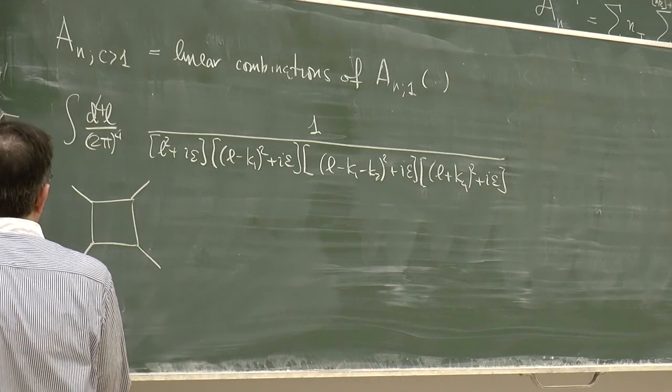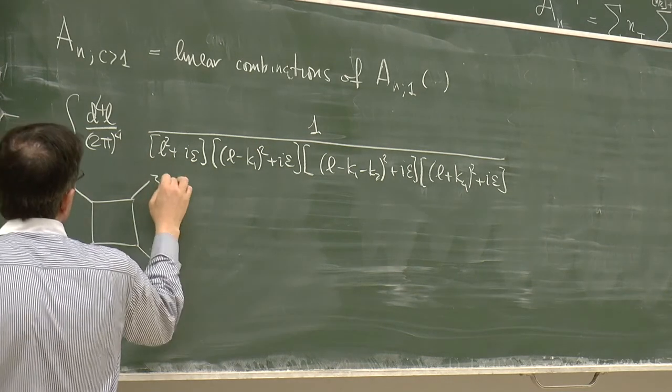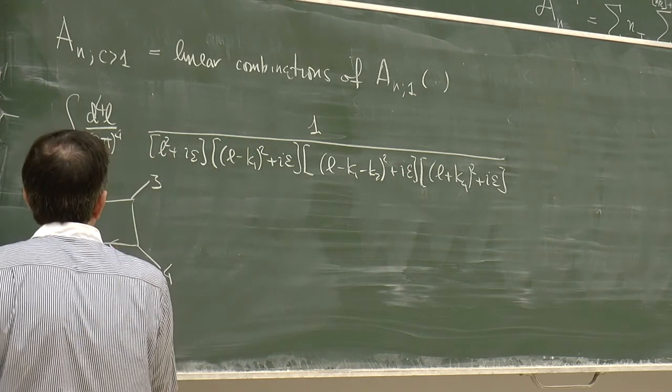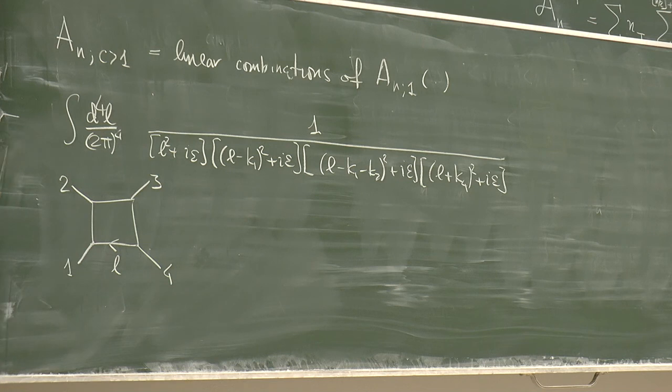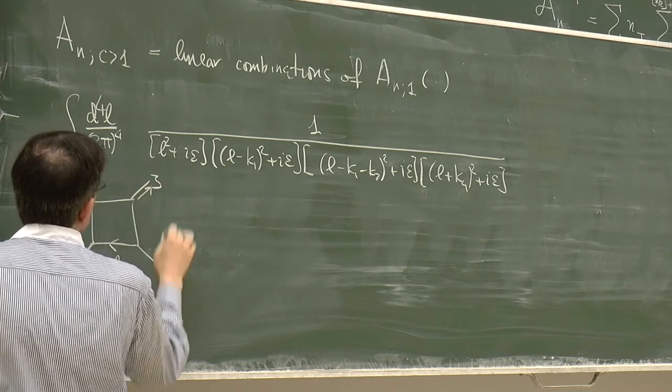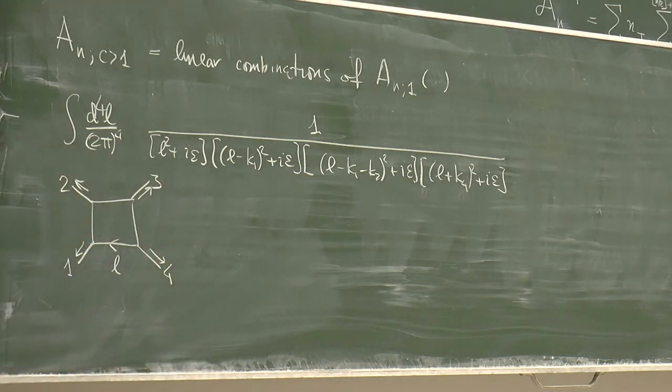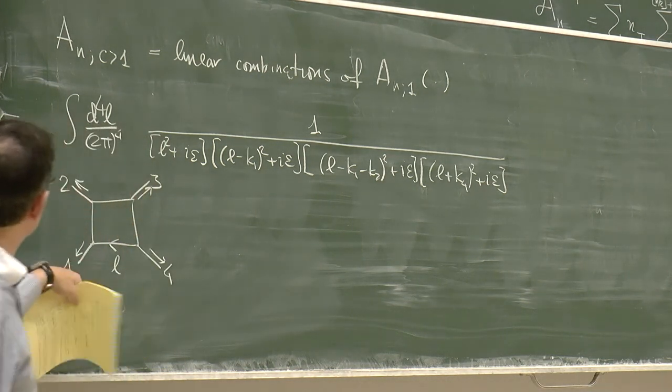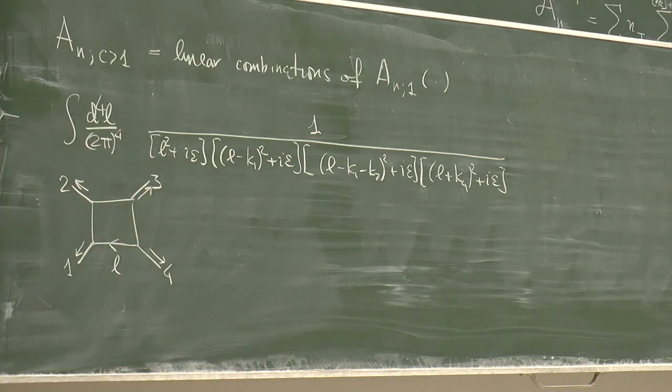So this is just a box diagram, this particular integral, and the loop momentum is directed that way over there. Again, the convention is that all the momenta are always directed outwards. And the labels, of course, represent the momentum, so 1 here really means k_1, just as in the tree level calculation.